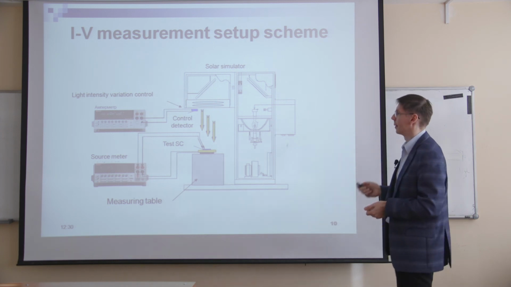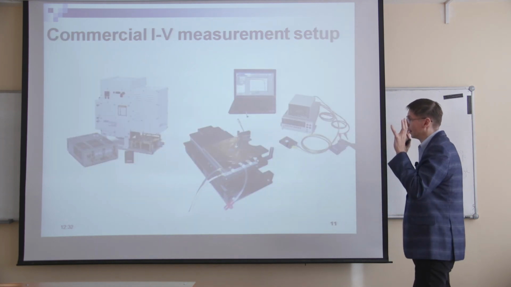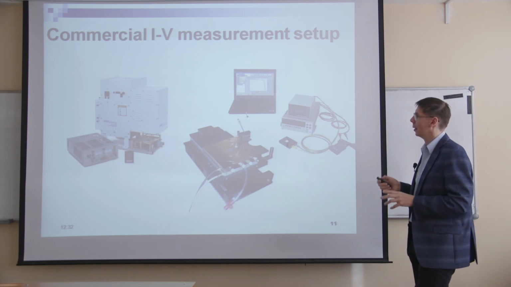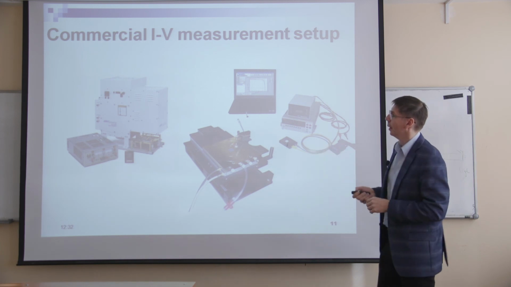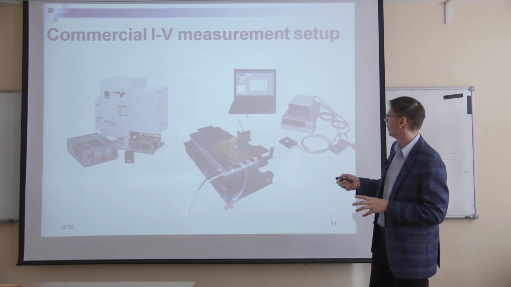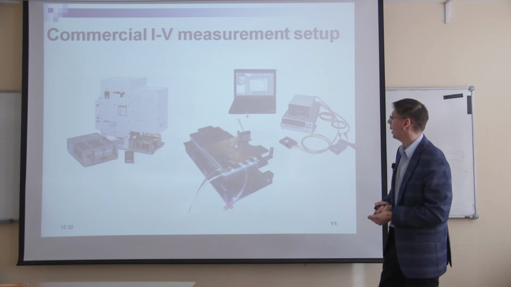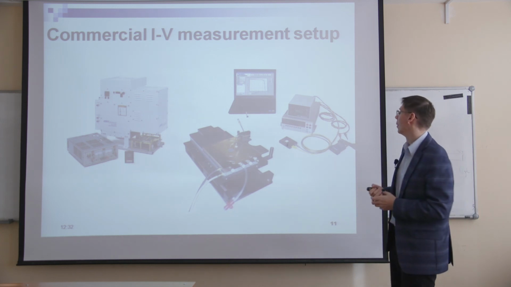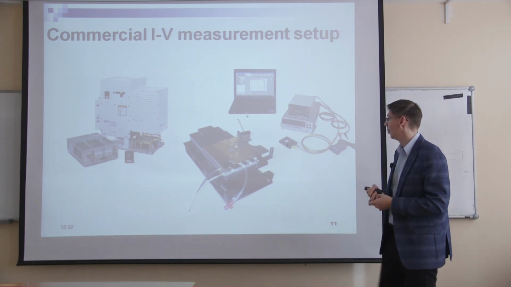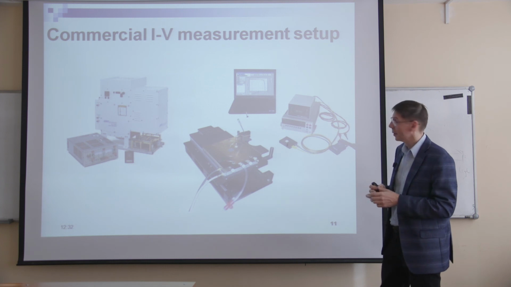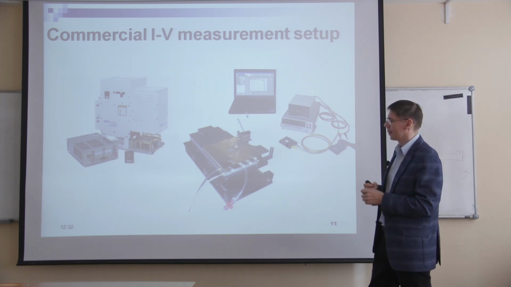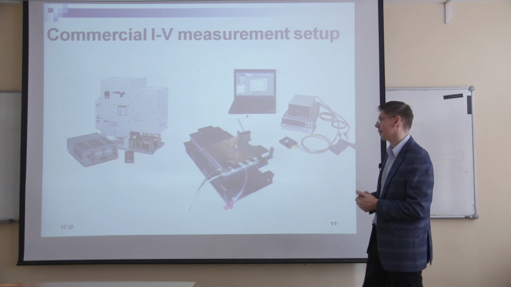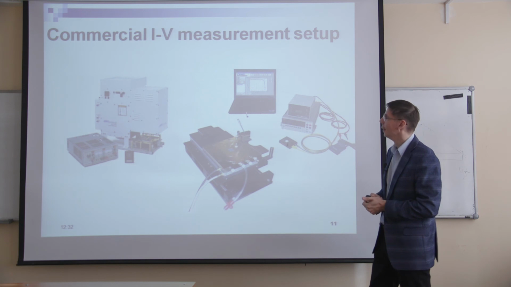So if you have a look at a conventional set of the measurement setup, you have already seen the solar simulator, this table, and for the source meter normally it's a Keithley 2400 series. It's the most conventional way to use this device.